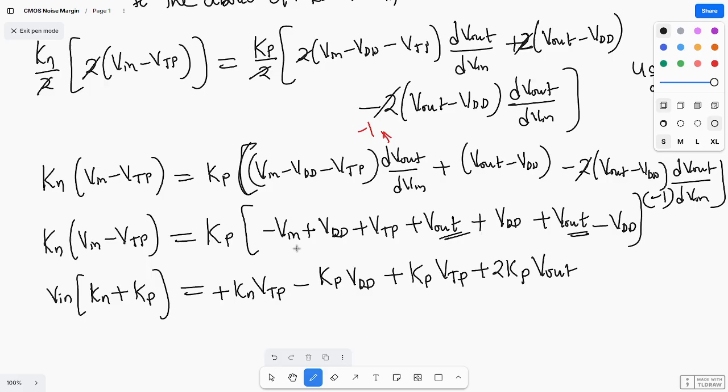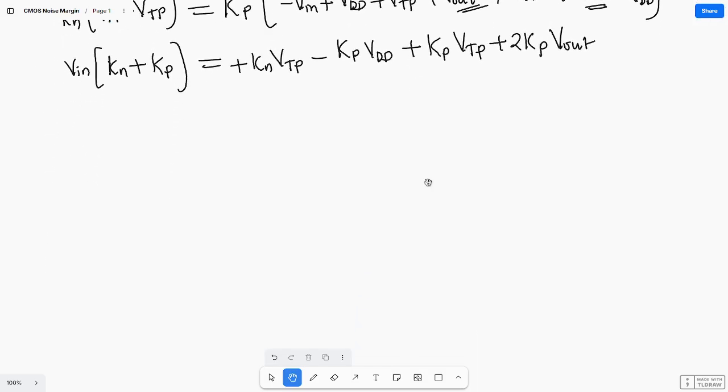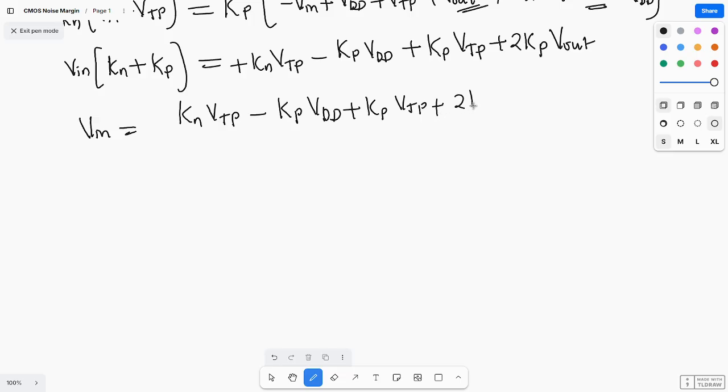Okay, so if I want to calculate Vn, here Vn equals kn into Vtp minus kp into VDD plus kp into Vtp plus 2 kp into V out, divided by kn plus kp.